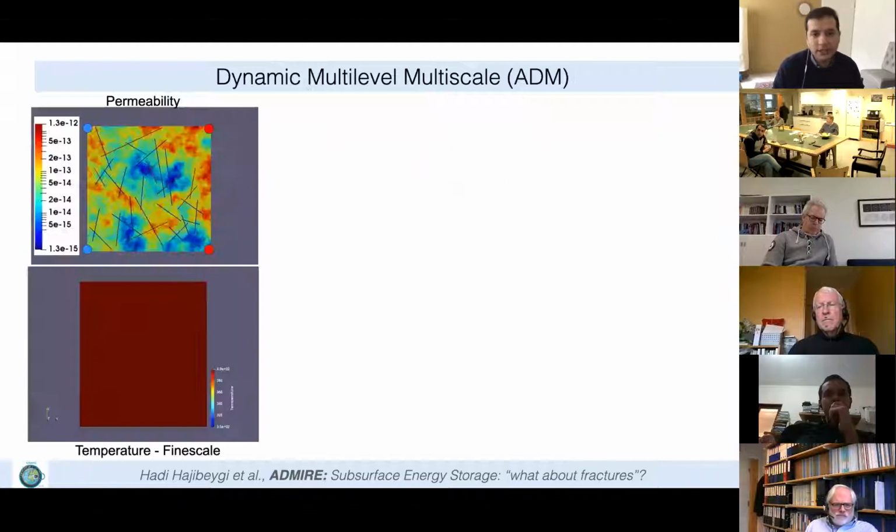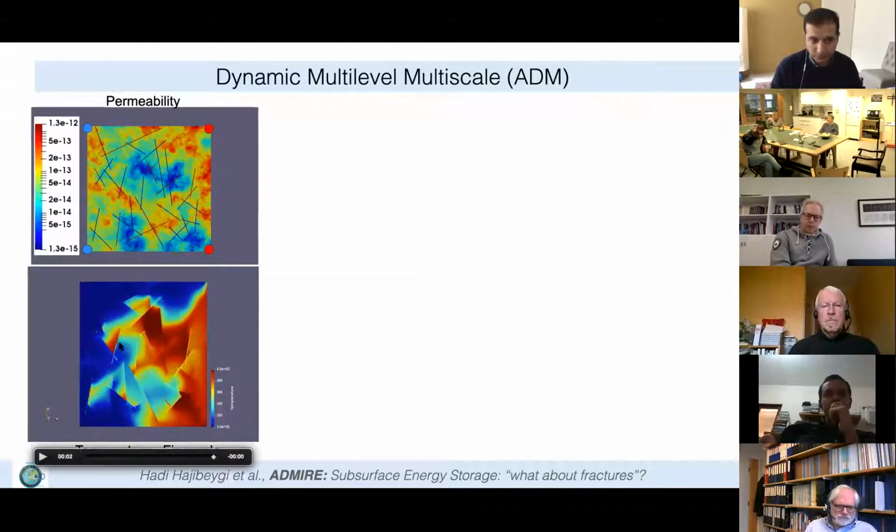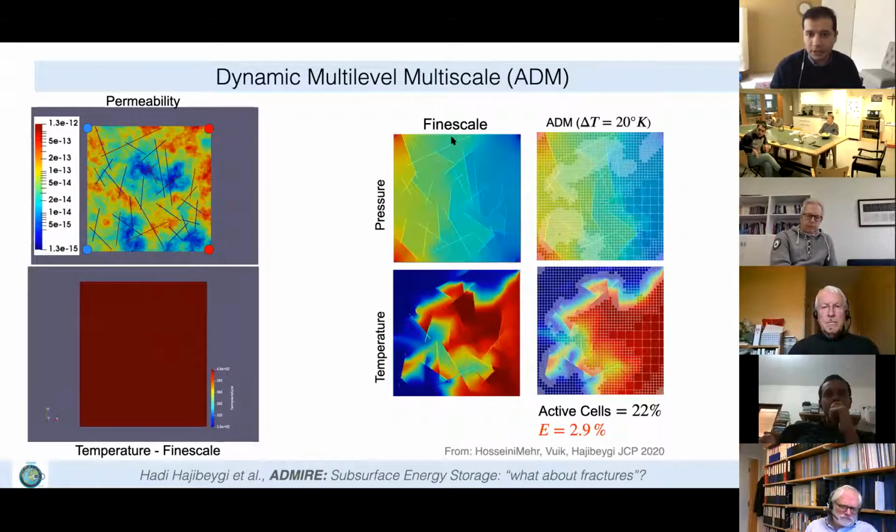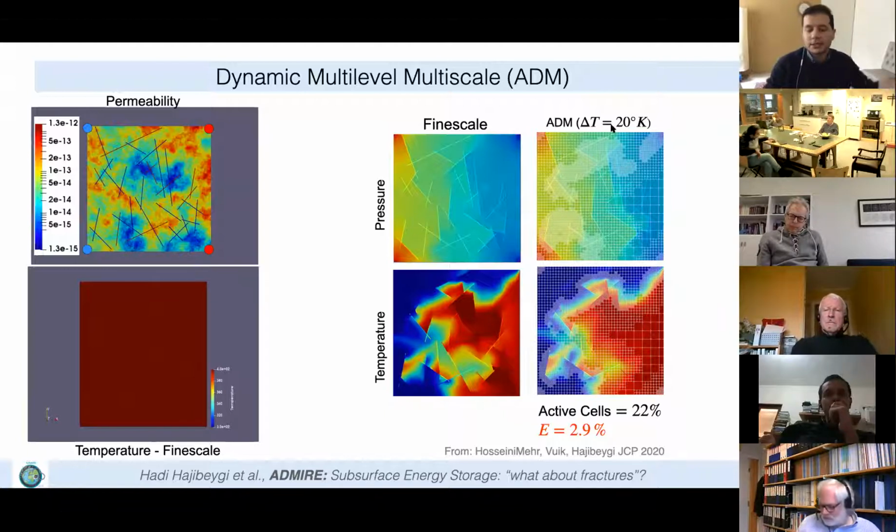Now we put it connected with grid refinement, which means if I have this heat transfer with this heterogeneous system that I had before, now you have fine scale system for which the temperature distribution in this complex heterogeneous fractured reservoir would look like that. Now you have a toolbox that you can change the tuning parameter, the delta T, the error criterion.